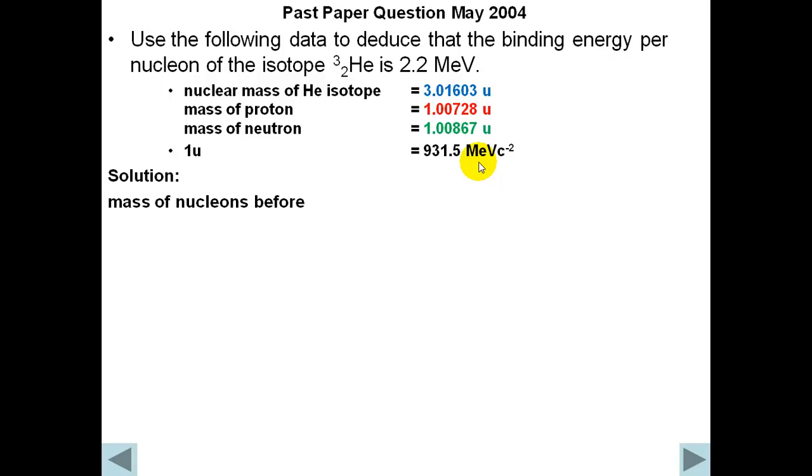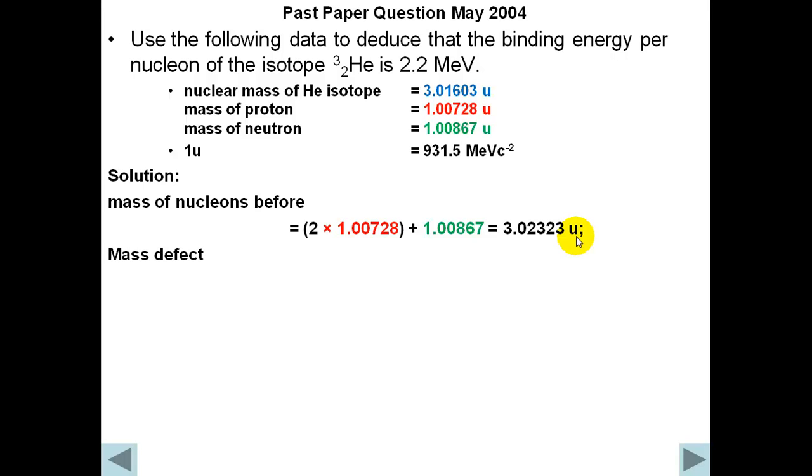The mass of the nucleons before: it's helium-3, which means we have 2 protons, so it's 2 lots of this value and 1 lot of this value. This gives a value of 3.02323 unified atomic mass units before the nucleus is created.